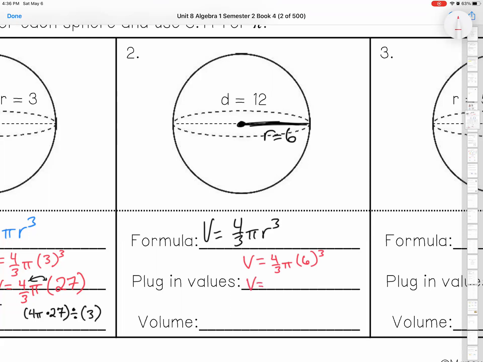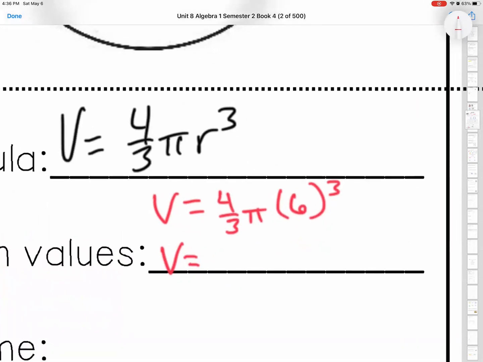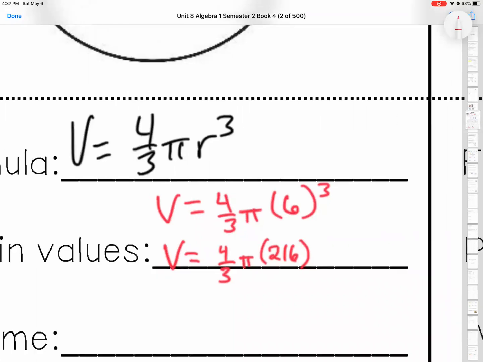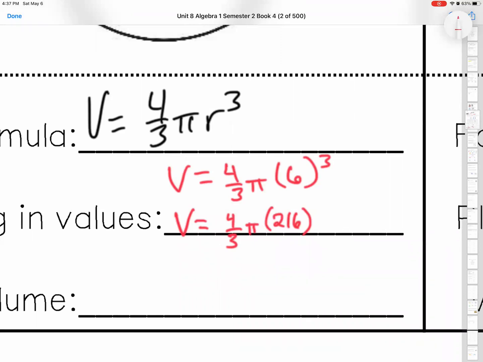And then V equals, cleaning this up a little bit, we have 4/3 pi. 6 cubed comes out to be 216. And then when we multiply the 216 times the 4, and then divide that by 3, we'll end up with an exact value of 288 pi.